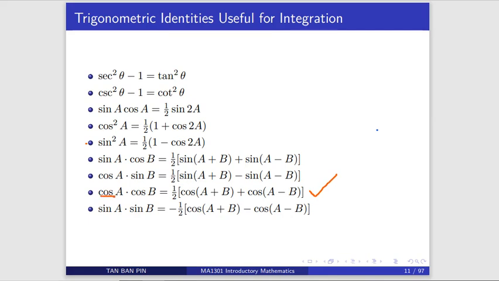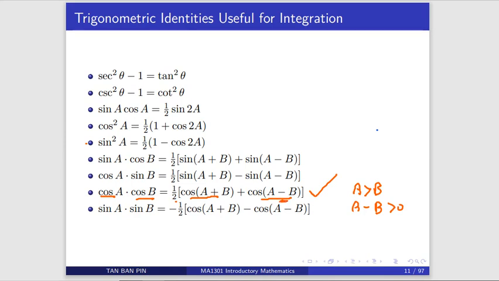We have cosine A times cosine B. We can write it as half of cosine A plus B plus cosine A minus B. For this identity, usually you take A to be more than B, so the A minus B is positive, so that you can avoid negative angle.